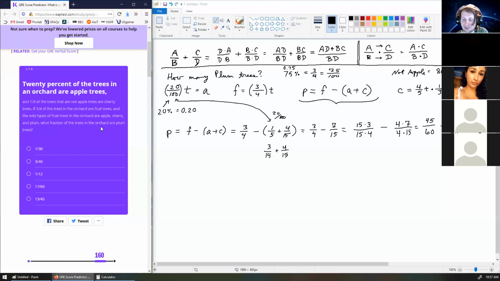Mhm. Okay. Yeah, and you bring up a really good point, because all the answers here are fractions. So that tells you whatever you're doing, you're going to need to get an answer in the form of a fraction.